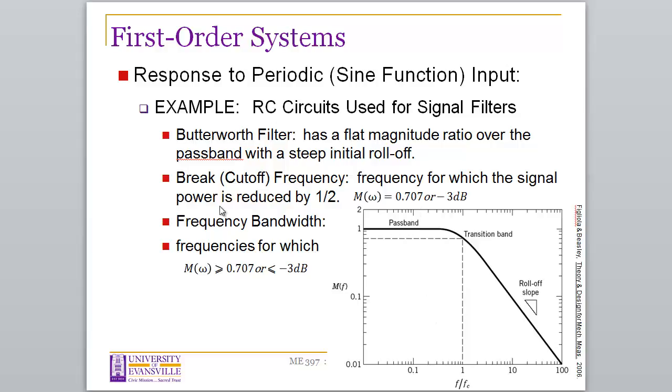And the frequency bandwidth is then all the frequencies that pass with less than a 30% reduction in the signal. So we have our passband region here, and then we have our cutoff region here with our roll-off slope, again in units of decibels per decade.